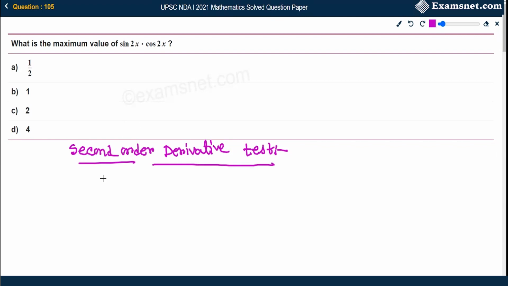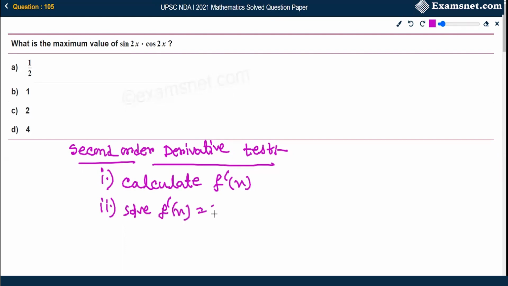The first step is to calculate f dash x. Next, we will solve f dash x equals 0 to find the roots of f dash x.